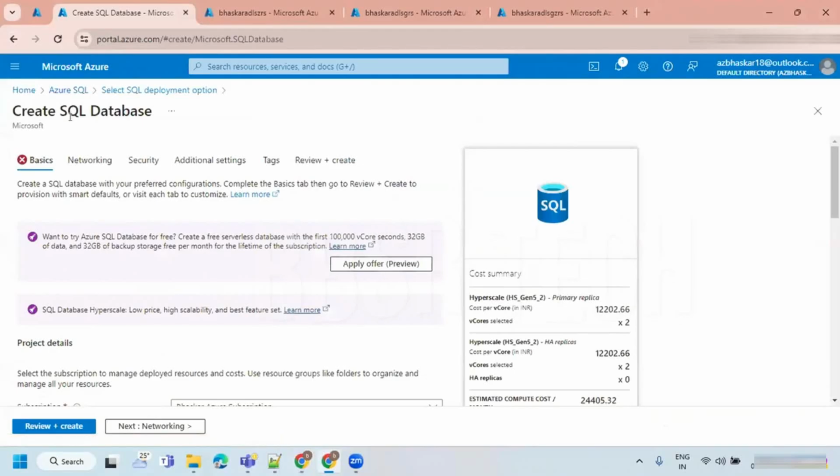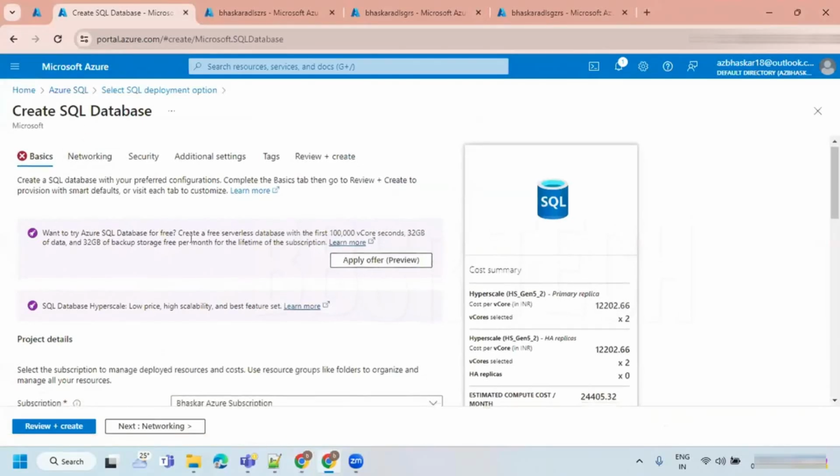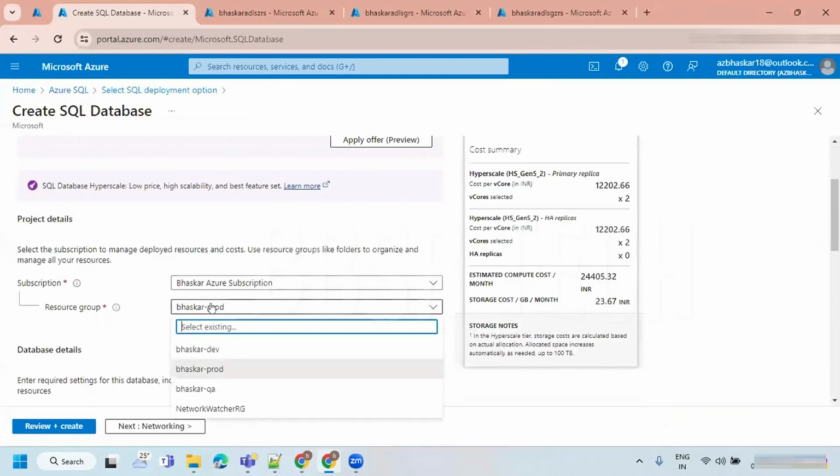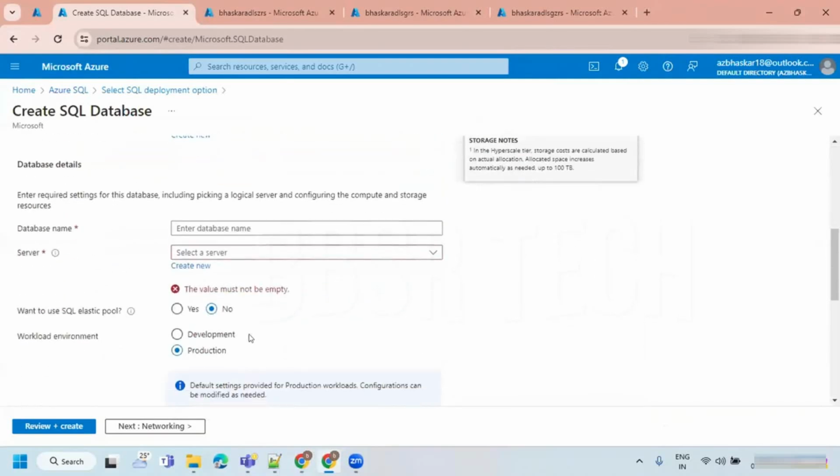I have taken SQL database here, right? So I'm just going to take the subscription and resource group. I'm taking the QA resource group. And I'm going to give the database name. The database name may be anything. I'm going to give the name of the database as source. And there is a SQL server, and I want to have a SQL server.